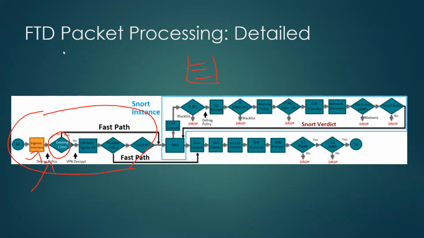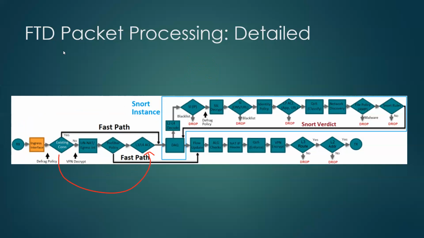If the connection is already there inside the flow table, the connection table, then you can see the first path. Let me clean this. Directly it is going and reaching here, towards the L3, L4 ACL.